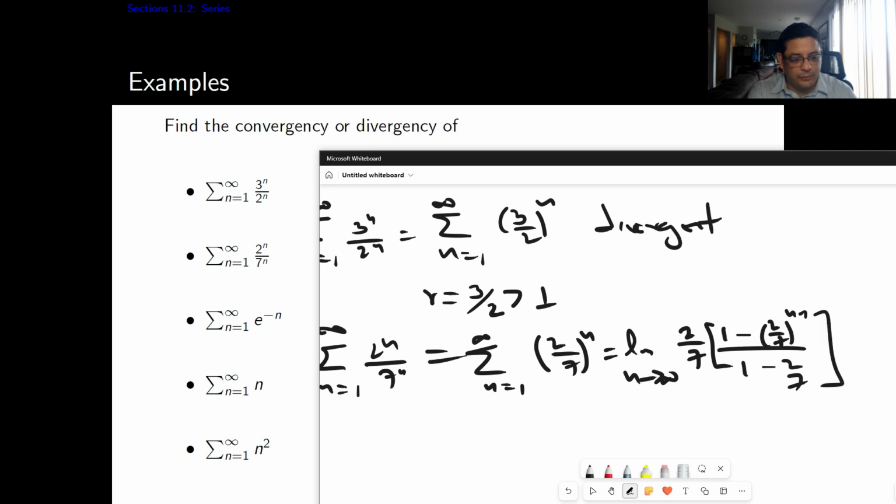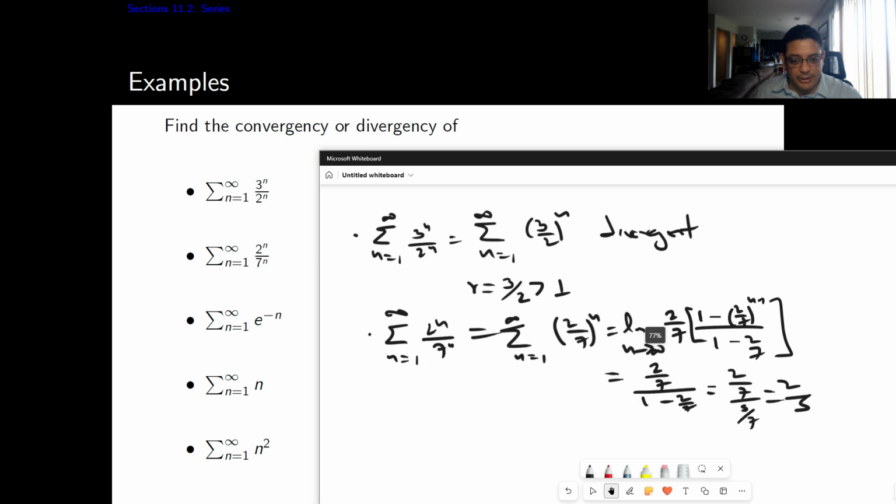Of course, the (2/7)^n piece goes to 0, and what's left is 2/7 over (1 minus 2/7). 1 is 7 over 7, minus 2 over 7 is 5 over 7. So 2/7 over 5/7 is just going to be 2/5.